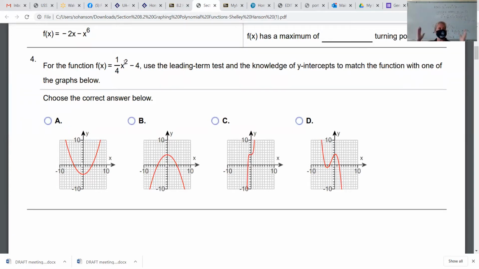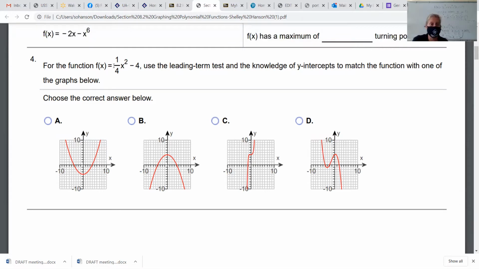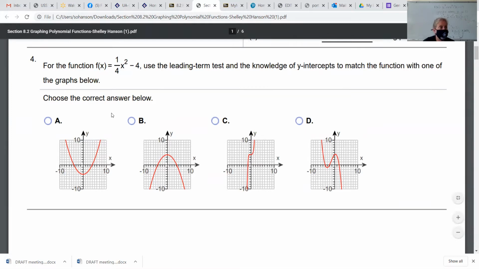And what tells us whether they're up or down is the sign. Is this a positive x squared term or a negative x squared term? It's positive, because it doesn't have a negative in front of it. Which means the ends of the graph are both going to go up. So that's all I need to know to find this graph.